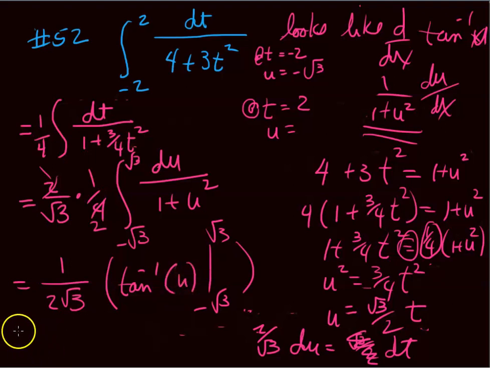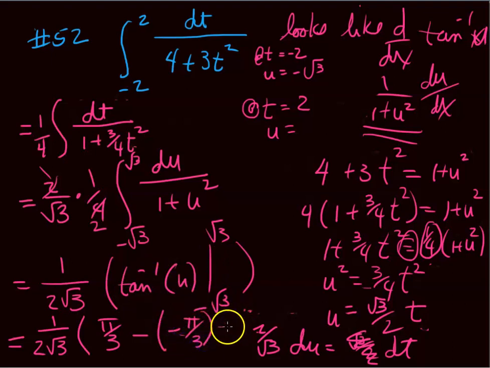I'm running out of room here. So I have 1 over 2 square roots of 3. And this first one, when I plug in the square root of 3, I get pi over 3. Minus, when I plug in a negative square root of 3, I get pi over 3, but it's negative because I need that in the fourth quadrant.